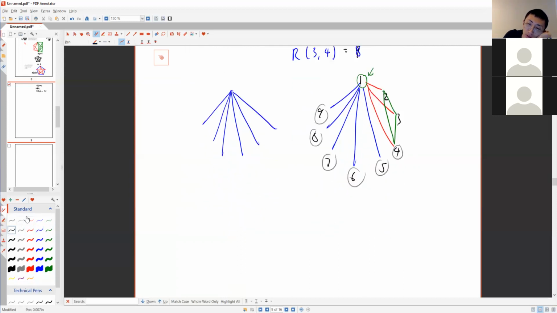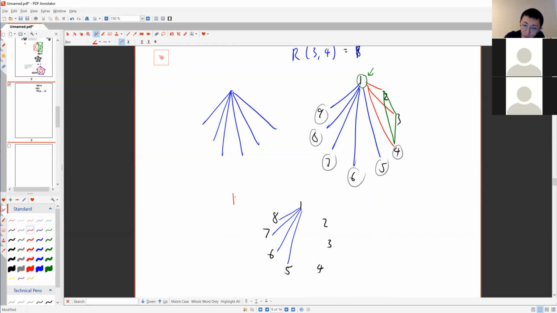So let's say we have 1, 2, 3, 4, 5, 6, 7, 8, right? By the pigeonhole principle, there are 4 of a color coming out of 1, and 3 of another. Or maybe 5 and 2, or 6 and 1, but at least 4 of one of the colors.